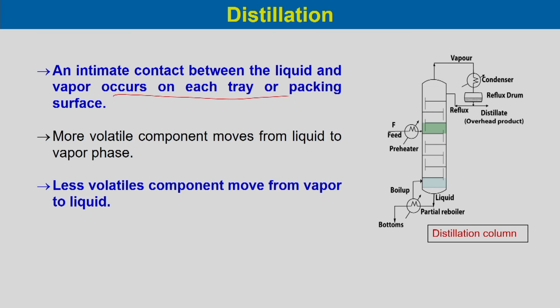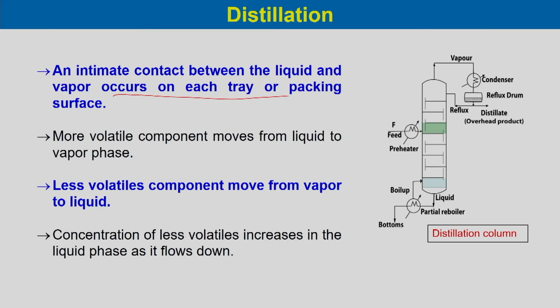So, mass transfer happens both from the liquid to the vapor and from the vapor to the liquid. The concentration of the less volatile component increases in the liquid phase as it flows down, so the less volatile component will be enriched in the liquid phase.